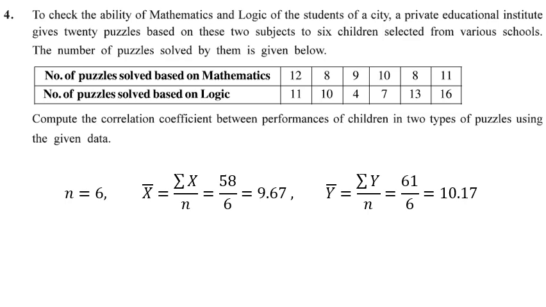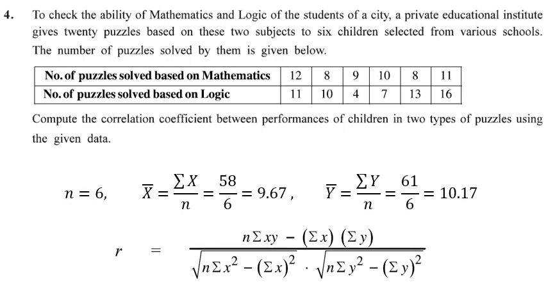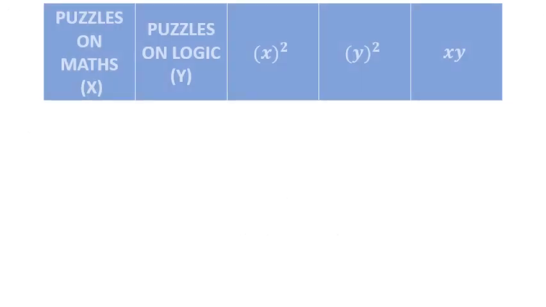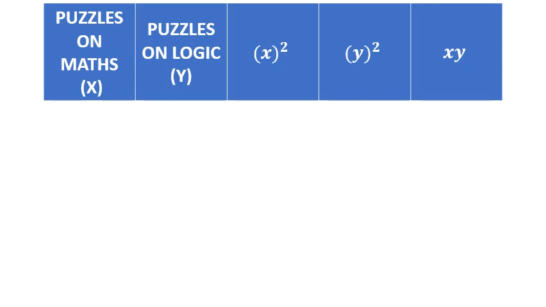When the values are small, we use xy method. When the values are big, we use uv method. The values are small, so we are going to use the xy method. For the xy method, you just need x column, y column, which are already there in the question. Then you need x square column, then you need y square column, and then you need x into y column.